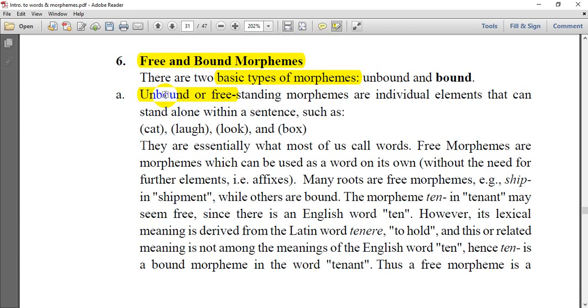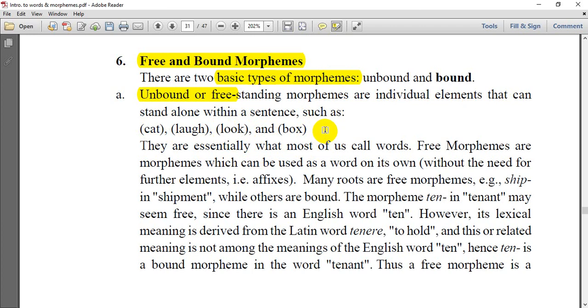Free morphemes, standing morphemes, are individual elements that can stand alone within a sentence, such as cat, laugh, look, box. So the free morpheme can stand alone and it is meaningful.